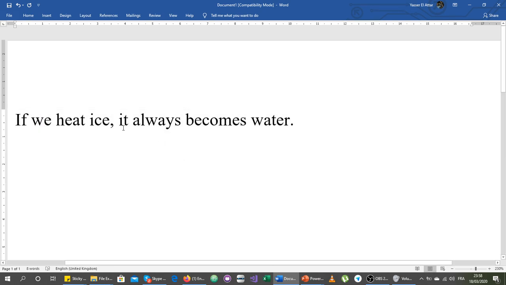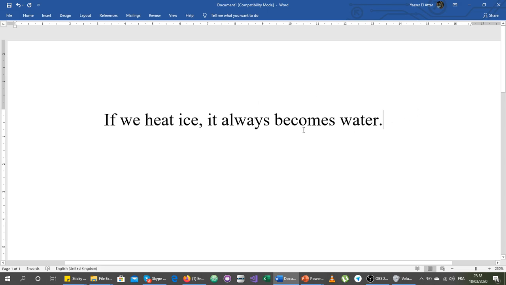Okay. So in this sentence we have two parts. We have this part, if we heat ice, and we have this second part, it always becomes water. Okay, so if we heat ice, this is a clause.